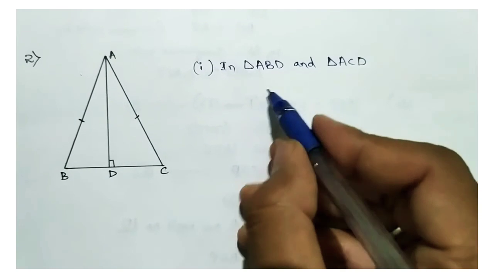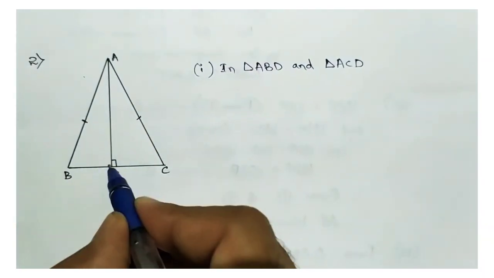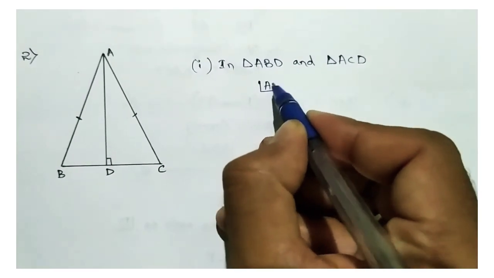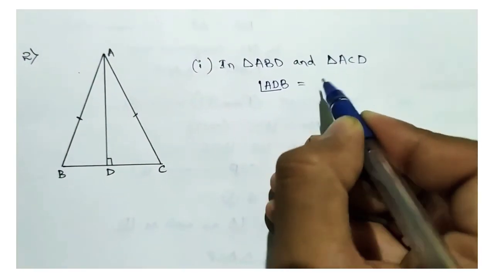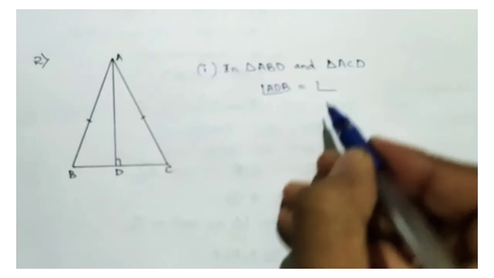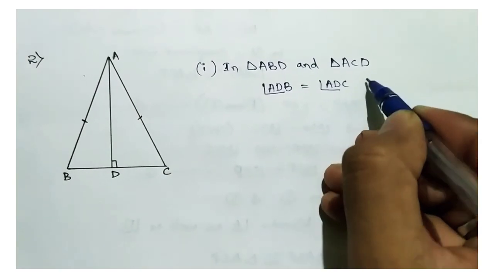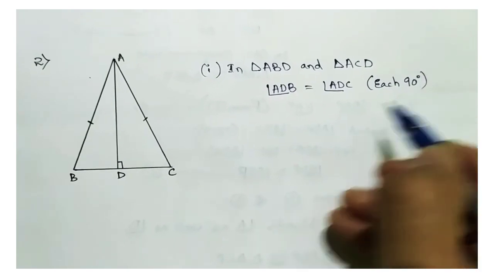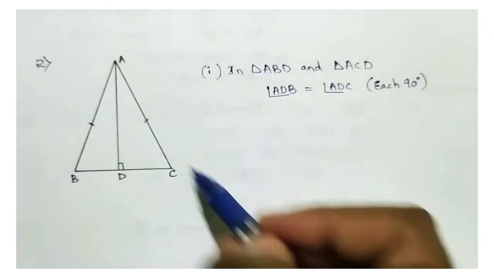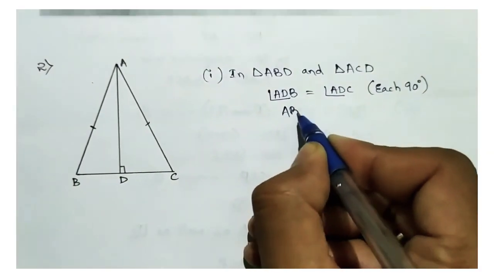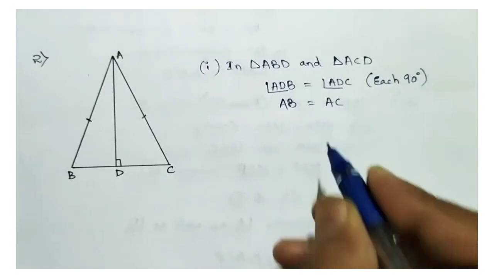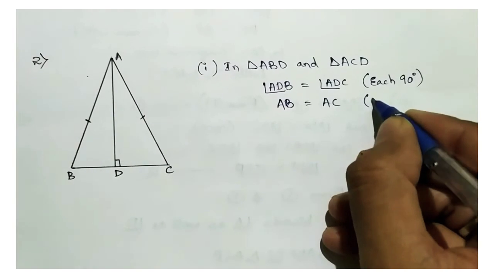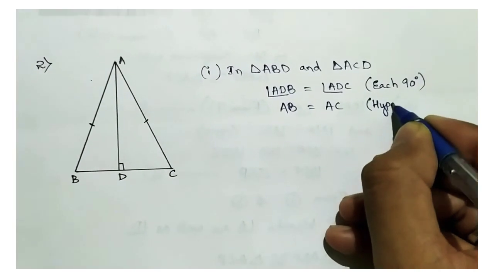First, the altitude makes 90 degrees, so angle ADB equals angle ADC, each 90 degrees. And it is given that AB equals AC. Since we have the right angle, AC and AB are the hypotenuses.